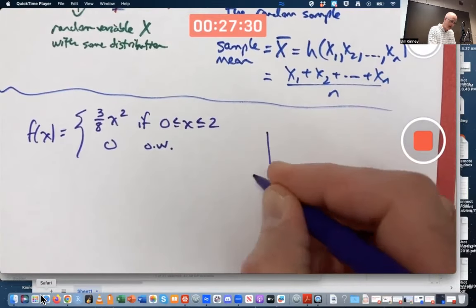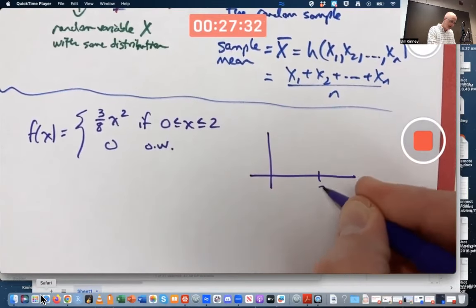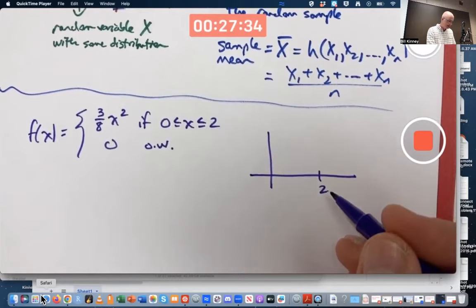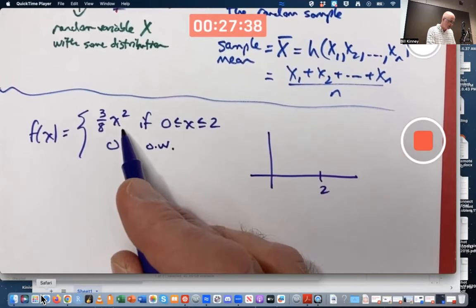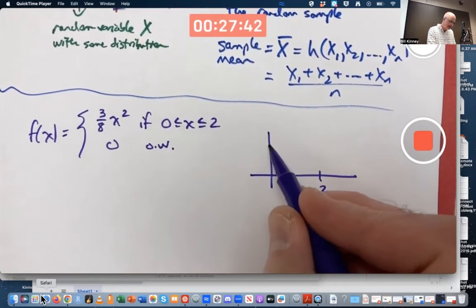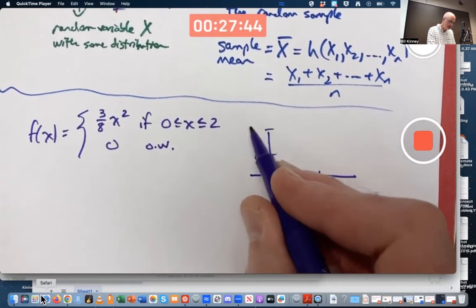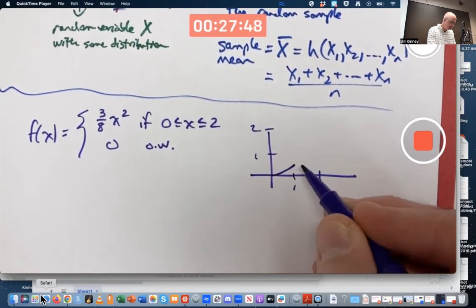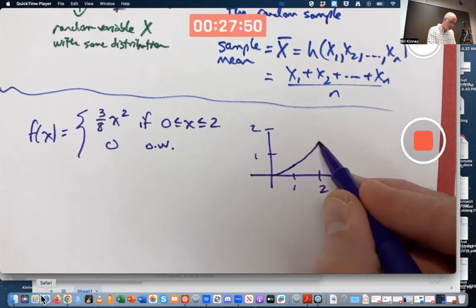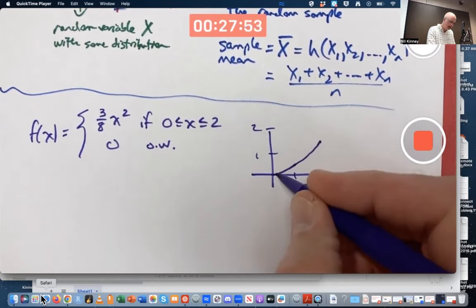The graph of the PDF. Let's see. When you plug in 1, you get 3/8. When you plug in 2, 2 squared is 4, you get 1.5, I guess. So if this is 1 here and this is 2 here, the graph looks about like that. It's quadratic.